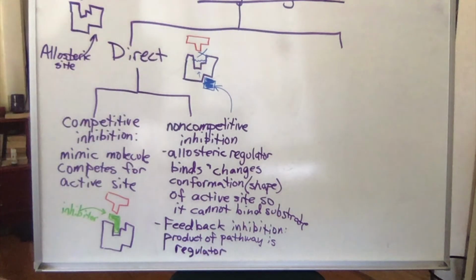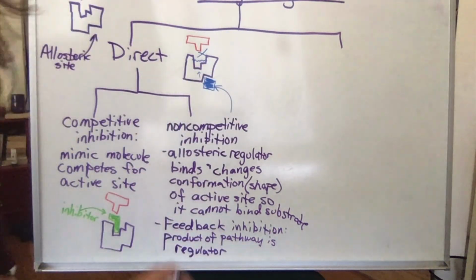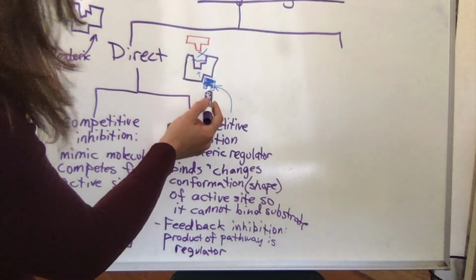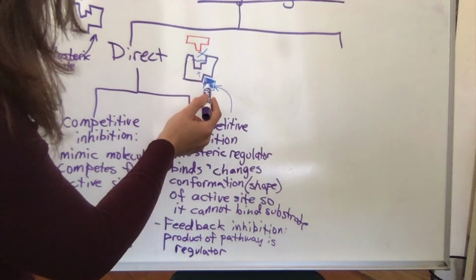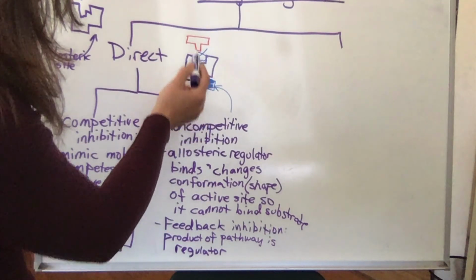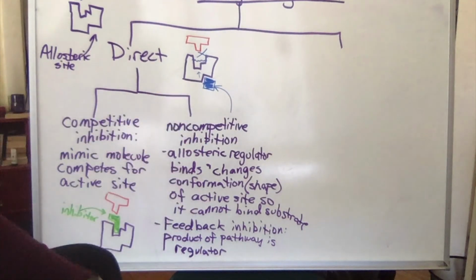Right, so we've talked about this already, that in this metabolic pathway, at some point downstream, this product is generated, and when that product is no longer needed by the cell, it can come back to the first enzyme or one of the rate-limiting enzymes in this enzymatic pathway, bind allosterically, change the conformation so that this enzymatic reaction cannot proceed, and thereby it shuts off its own production.